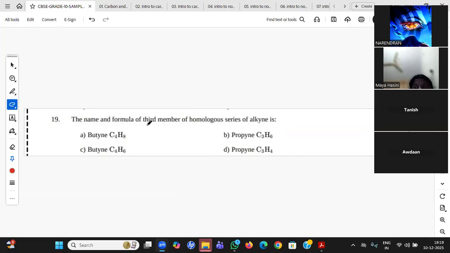The name and formula of the third member of the homologous series of alkyne. Please write the general formula of alkyne first. Narendran, very good student. Wrong answer. Avdan, one second, student, let me check.